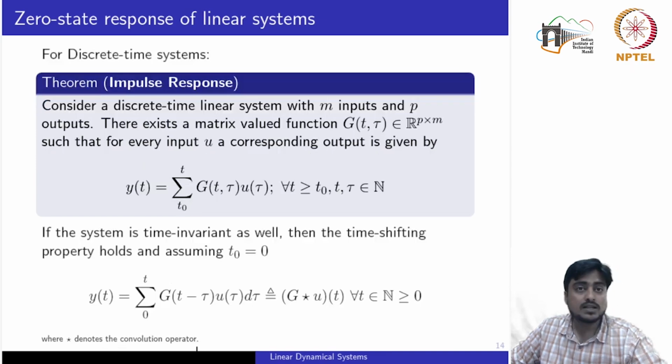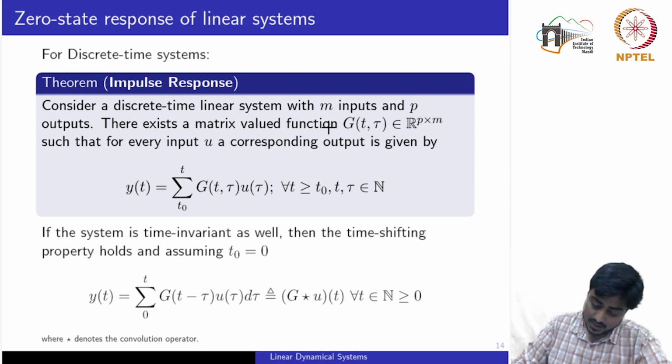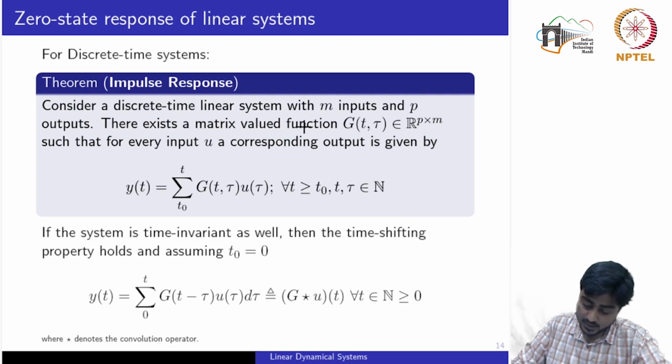Now going towards the discrete time system, a similar theorem applies. Consider a dynamic discrete time linear system with m inputs and p outputs. There exists a matrix valued function g of t comma tau, having dimension p cross m, such that for every input u, a corresponding output is given by y of t.